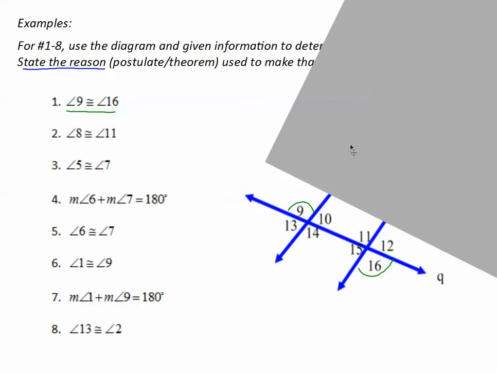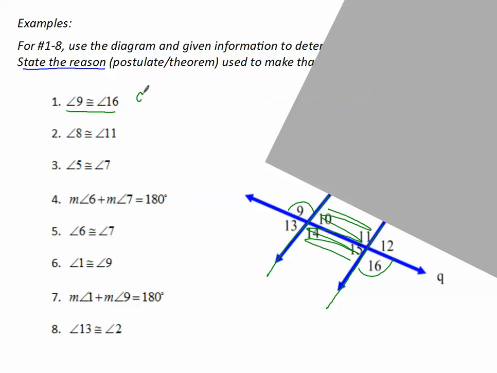Now let's try to identify what kind of angles we see. Well, here are the two lines right here. I may take my colored pencil or highlighter and trace the lines, this line and this line. These angles, 9 and 16, are not between the two lines, so they are exterior. Here's the transversal, 9 is on top, 16 is on the bottom, alternating sides of the transversal.